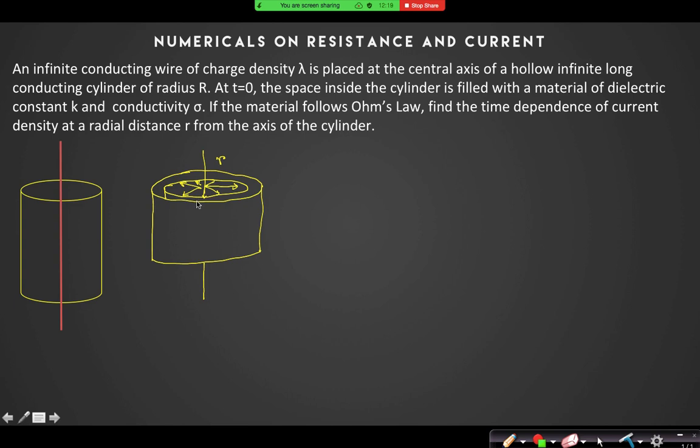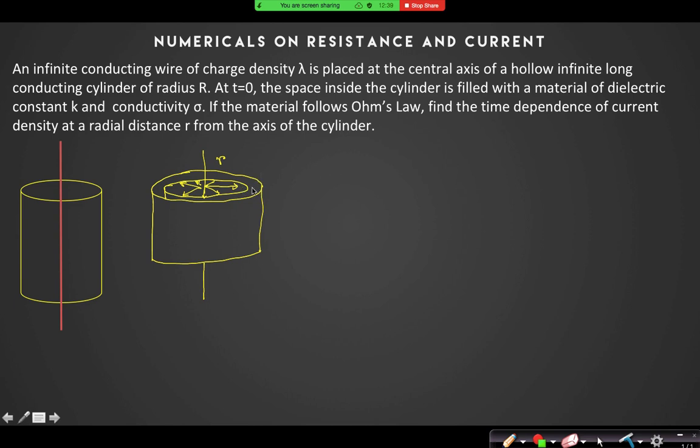So for that current, what is actually the potential difference, or what is the actual resistance of that cylindrical shell, that we can find.